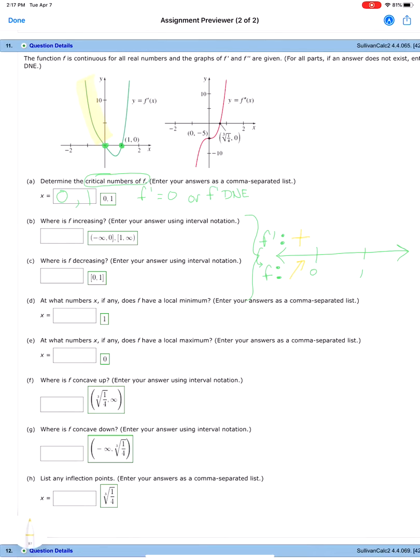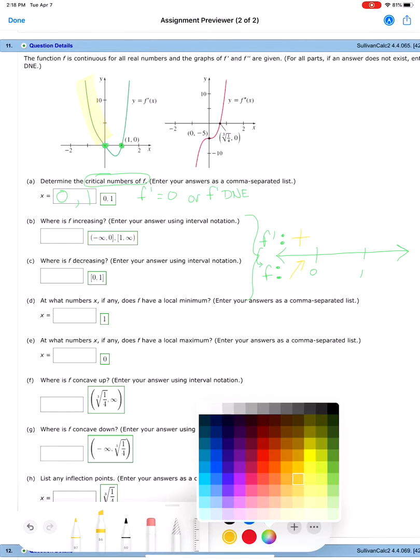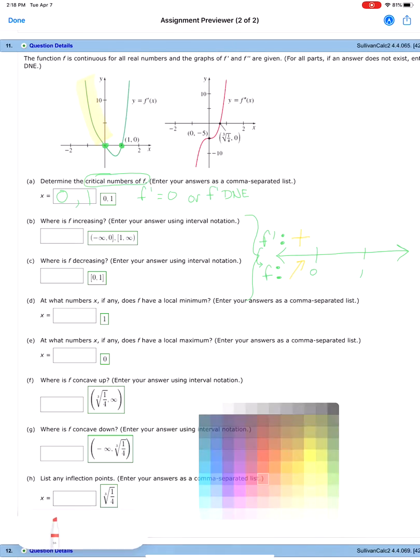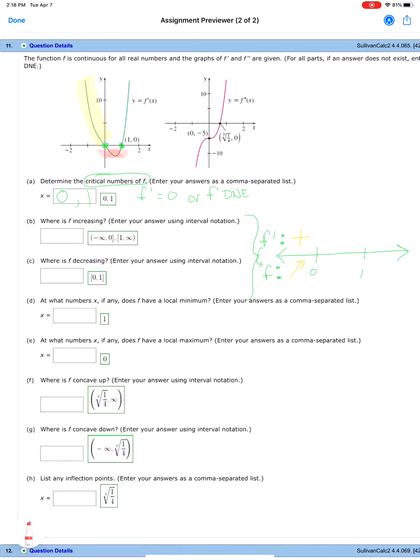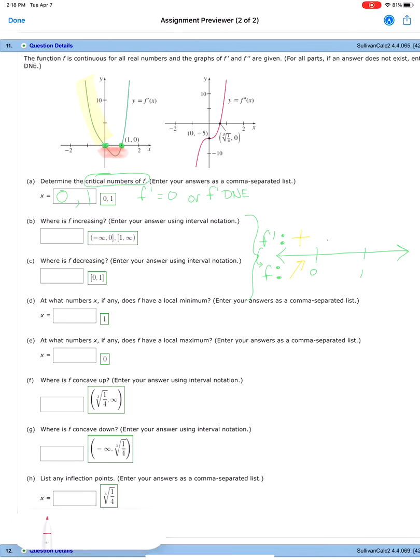And really the same thing then, but in reverse. So now if I want to think about places where f is going to be decreasing, that's going to be when f prime is negative. So if I think about this region of the graph right here, that is where f prime is negative. And when f prime is negative, we know f is decreasing.